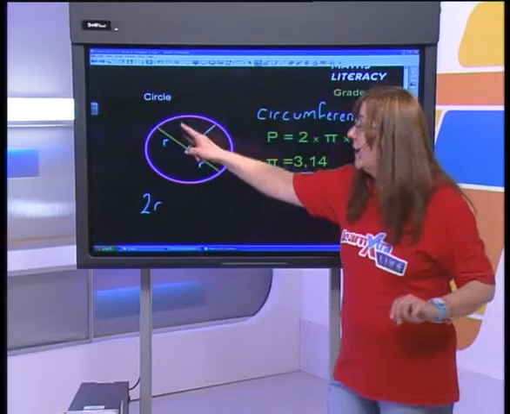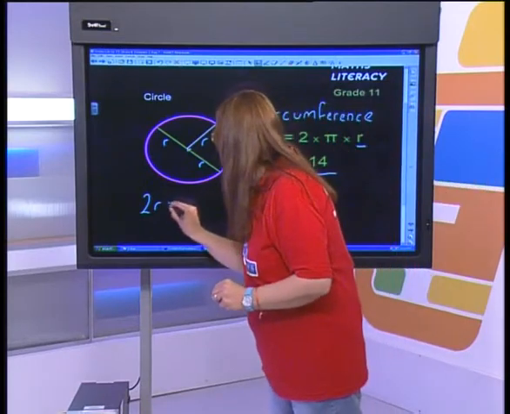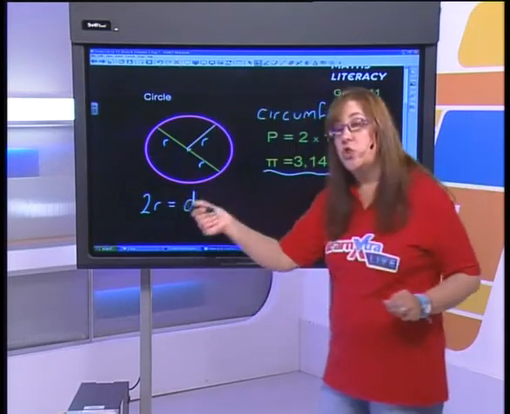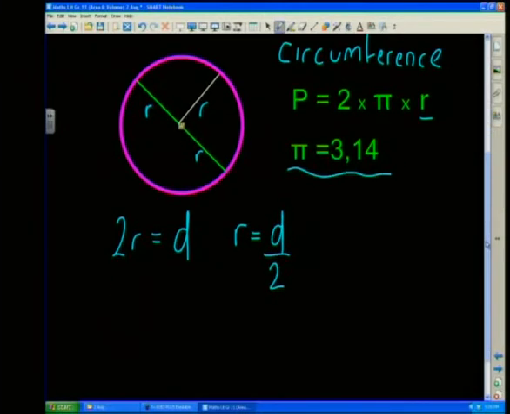But that line that goes from one side through the center to the other is called the diameter. So 2 radii is equal to the diameter, or alternatively I can say the radius is equal to the diameter divided by 2.